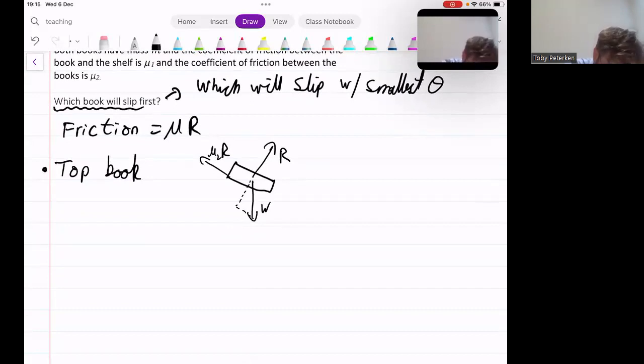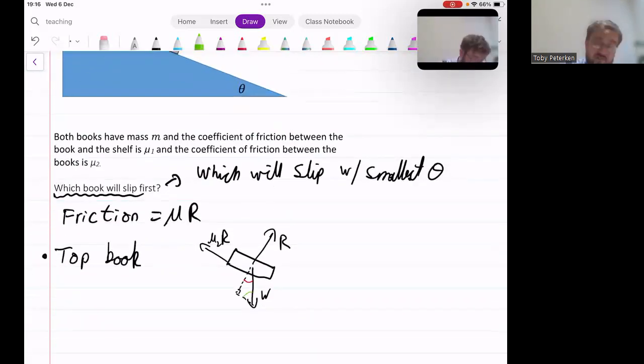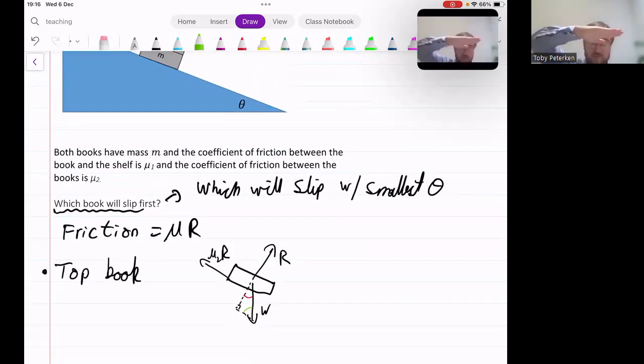To split this up, we notice that this angle here is theta, which you can see through similar triangles. A trick I have to check which of these angles it is, the red angle or the green angle, is to look at what happens if theta were to go to 0, so the shelf were completely flat.